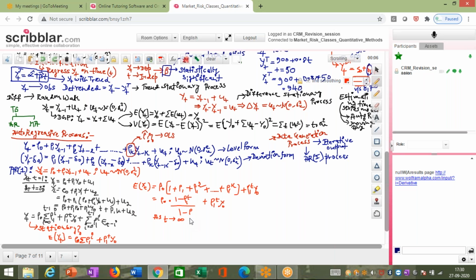So as t tends to infinity, one of the things that must happen is rho 1 to the power of t y0 must tend to 0. And also this rho 1 to the power of t must tend to 0.